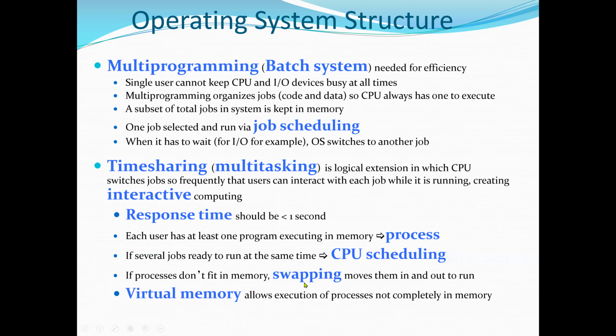We may discuss swapping when we cover memory management. Also, virtual memory allows execution of a process not completely in memory. There is a technology whereby we can use part of our hard drive as memory, which we call virtual memory.